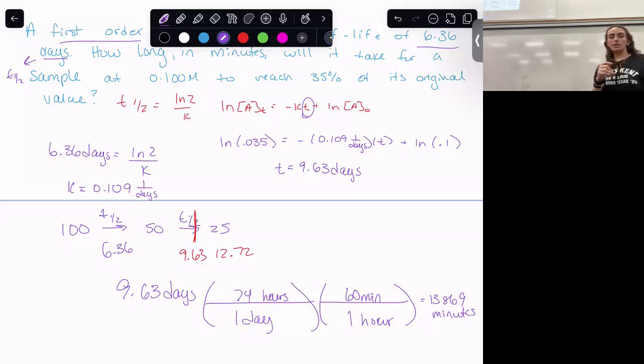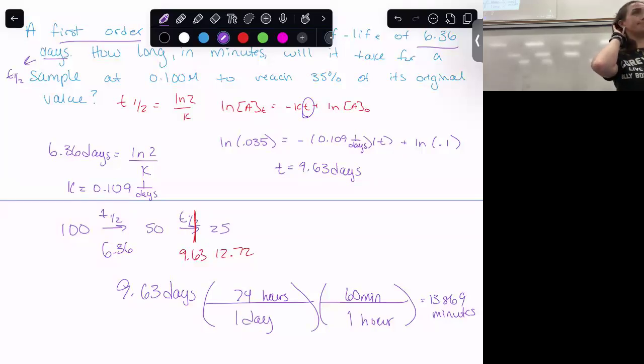In your equilibrium expression, you can only have aqueous or gaseous species. So if everything else is a solid, the only thing you're going to put into your equilibrium expression is the gaseous compound.